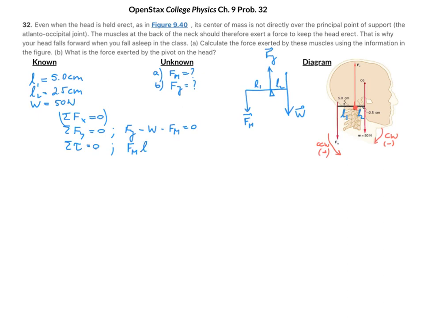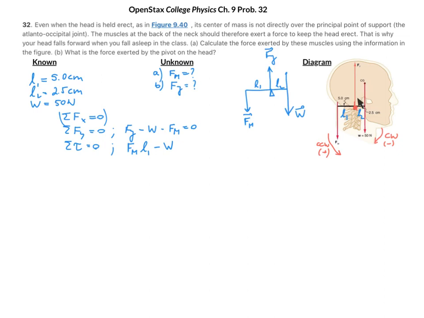So I have F sub m times L1 times sine of 90, which is 1, minus the weight times the lever arm. If we look at this problem, we'll see that the point where the weight acts, the center of gravity, is up here.